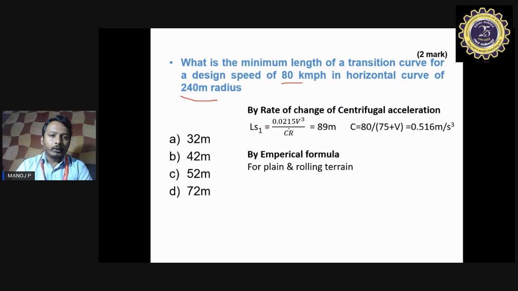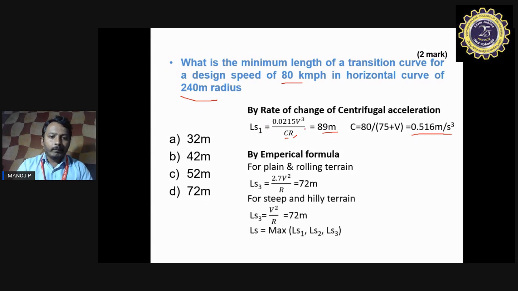You will get 0.0215 V cube by C R. Here C is equal to 80 divided by 75 plus V. You get 0.516 meter per second square. C value is expressed as meter per second square, because that is nothing but the centrifugal acceleration. R is nothing but the radius. You get the value as 89.